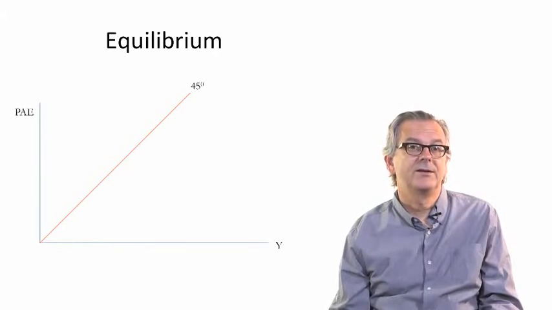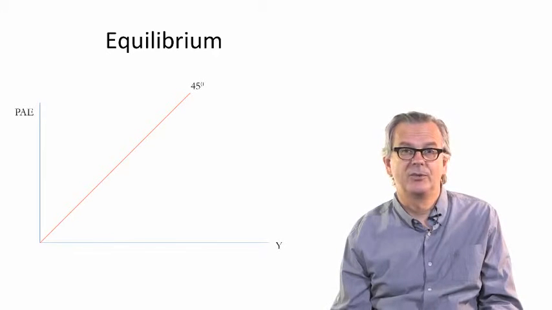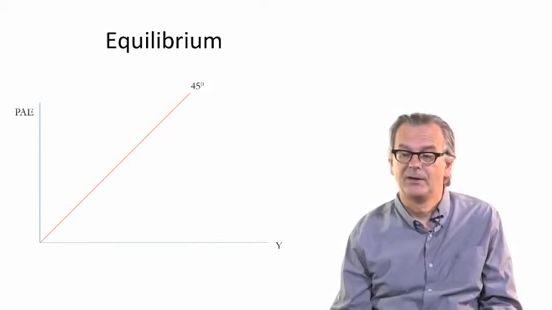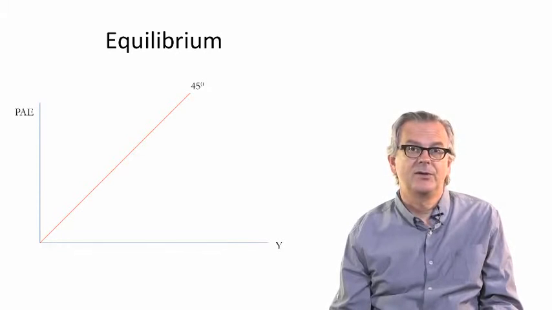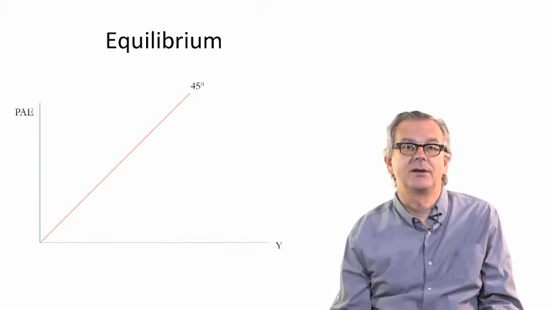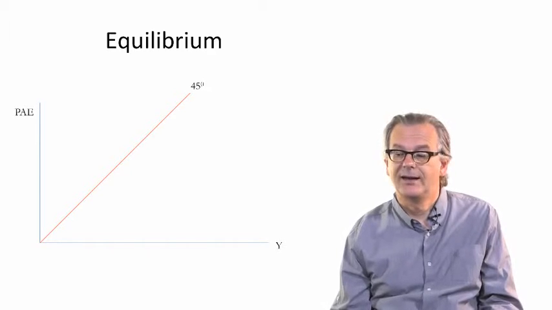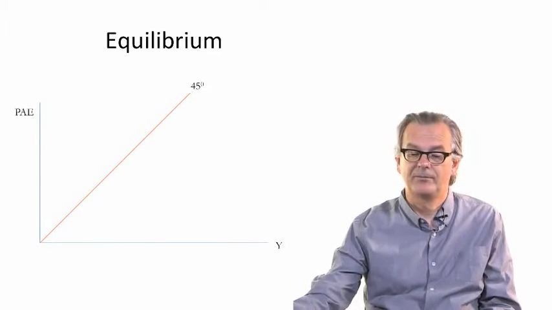The question we need to answer now is which of those possible points of equilibrium will actually emerge as the economy's actual equilibrium. To answer that question, we take all of the information we've collected so far on planned aggregate expenditure and illustrate it on the diagram.